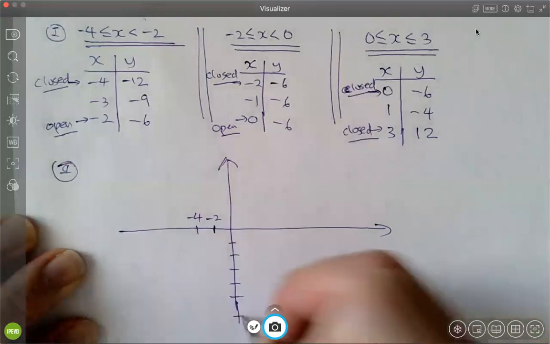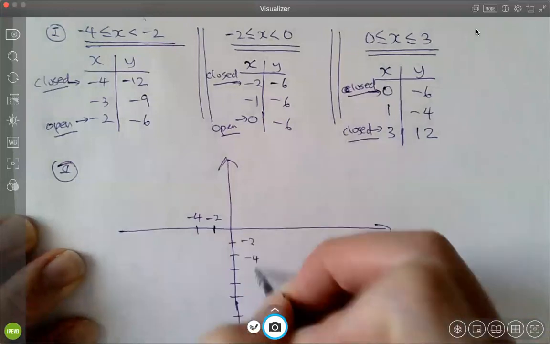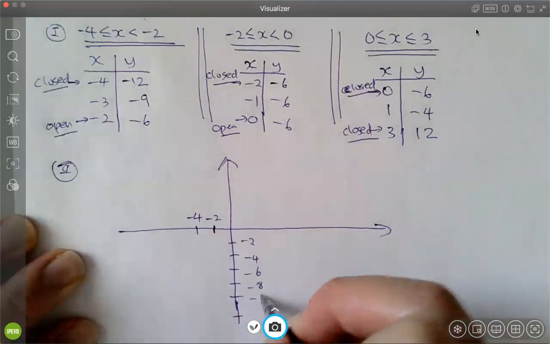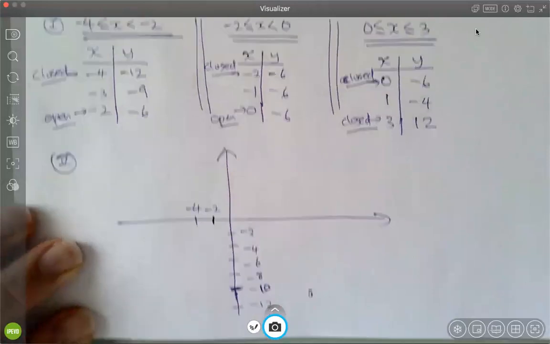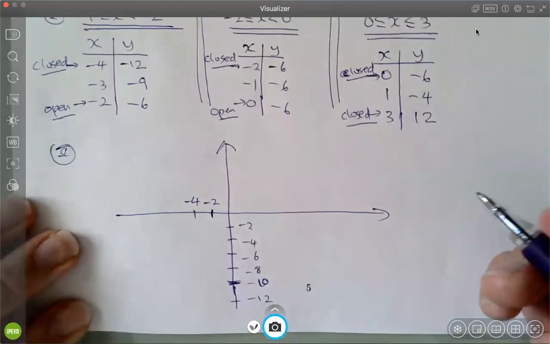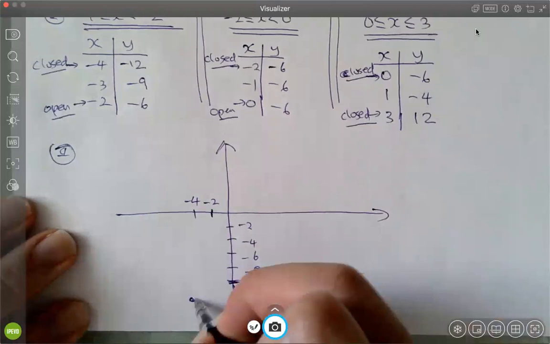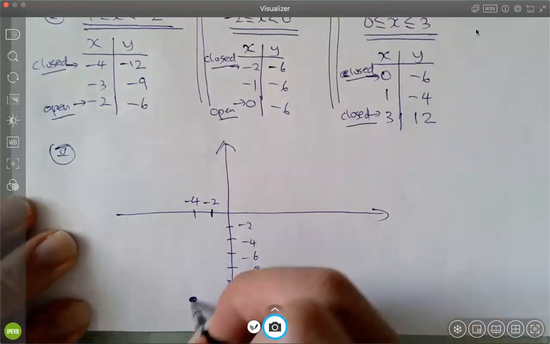So that's -2, -4, -6, -8, -10, and -12. Okay, so first -4, comma -12, so that's here, and we have to put a closed circle.